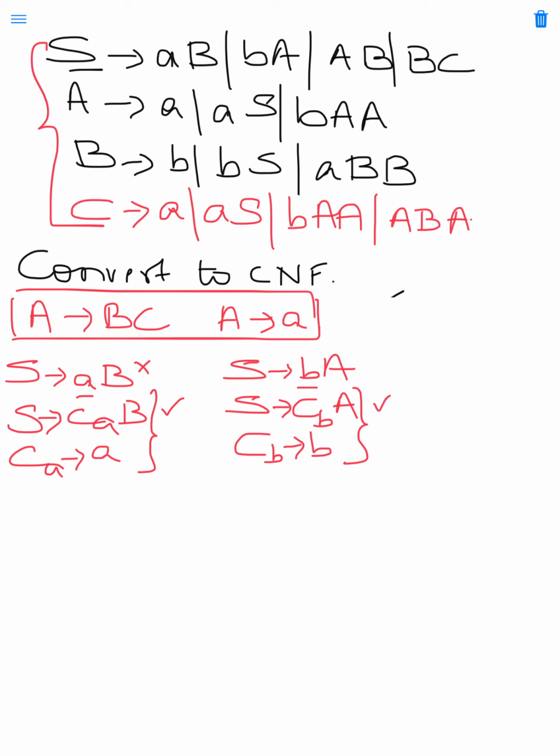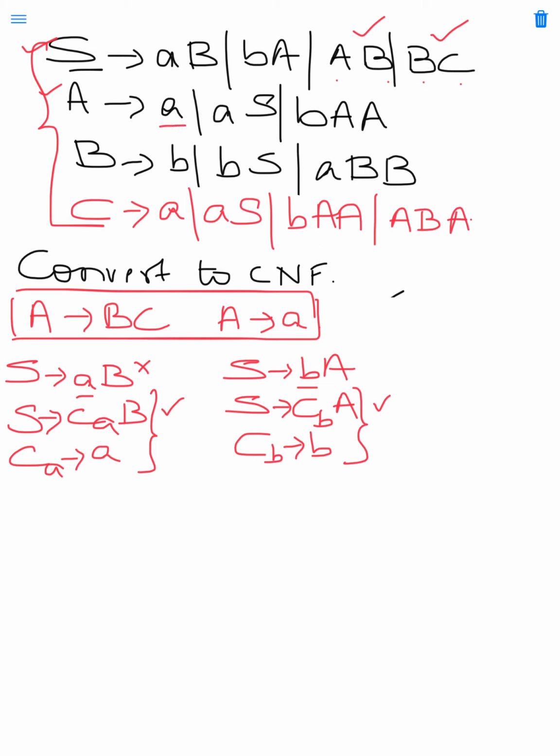Now consider the next two productions. S gives AB and S gives BC. Both have exactly two non-terminals in the right hand side. So these two productions are in CNF. So S we have changed. Now next consider the A productions. So the first one, A gives a single terminal symbol.